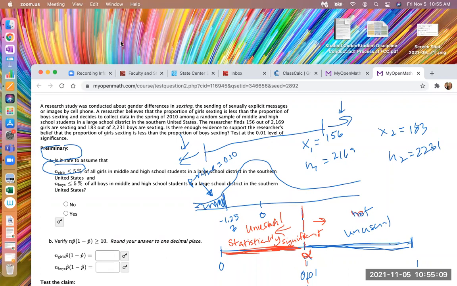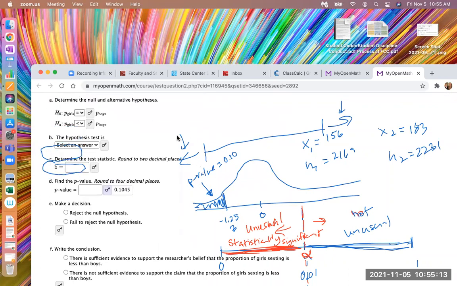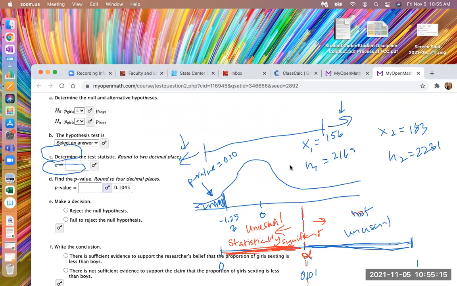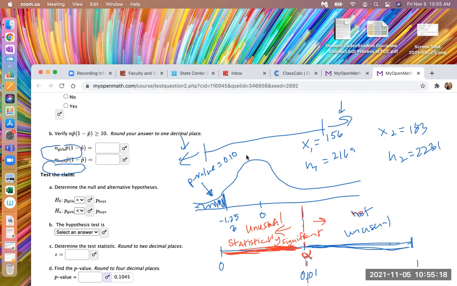All right, so hopefully you understand that a little bit better. So I have 0.1 and alpha is 0.01. How do I compare those? Well, 0.1 is over here, in this not unusual area, because 0.1 is larger than 0.01.